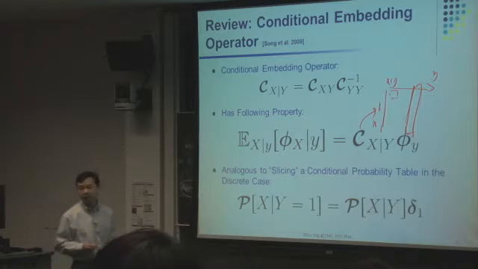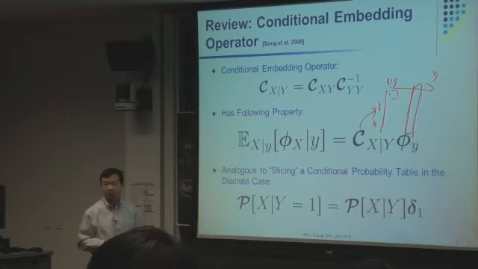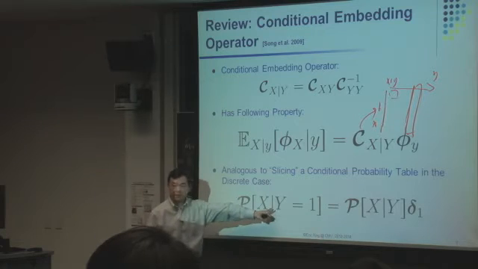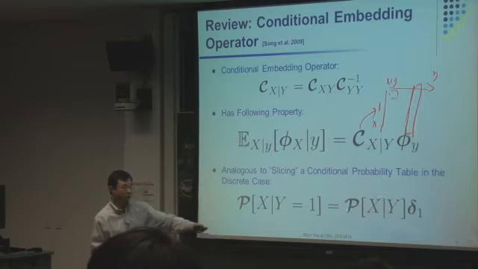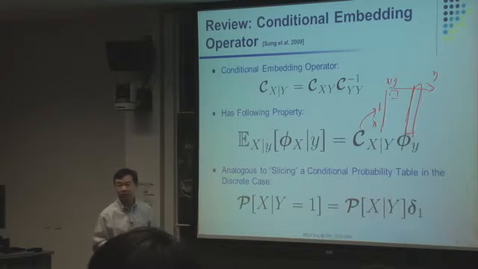And in the matrix operation case for discrete probability, it corresponds to this operation. If we set this y to a discrete value, then you are going to multiply this matrix with a delta function to suppress all the other columns but one, which corresponds to this particular thing.